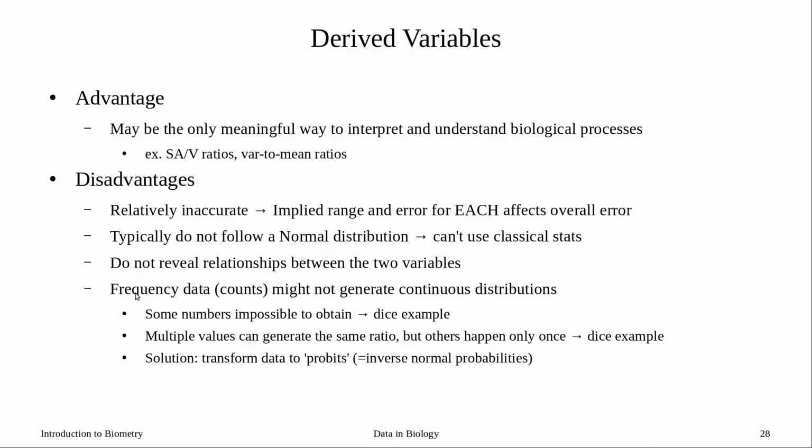And lastly, frequency data or counts might not generate a continuous distribution. This comes down to whether you can get all of the data points. Some numbers are going to be impossible to obtain. Let's do a dice example. You roll a single die, and it can give any number from 1 to 6.